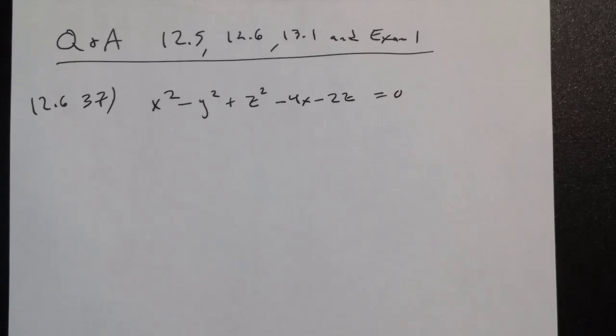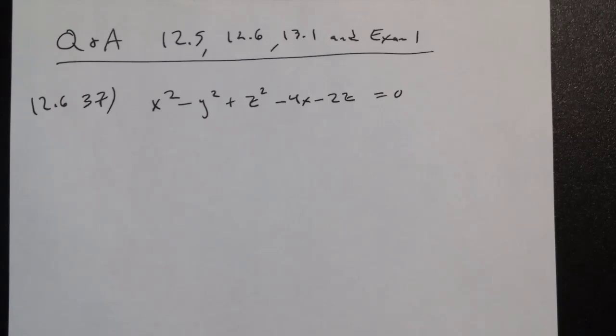So when it says reduce this to one of the standard forms and classify it, I go back to that list of the 6 on page 837. And I'm trying to figure out which of those pictures this is: an ellipsoid, a cone, an elliptic paraboloid, a hyperboloid of one sheet, a hyperbolic paraboloid, a hyperboloid of two sheets.